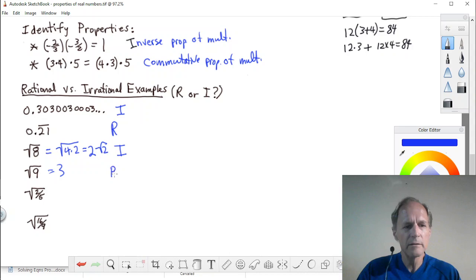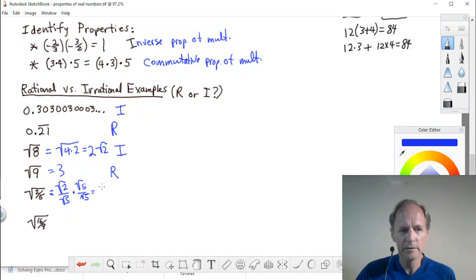How about the square root of 2/5? Okay, that's going to end up with a square root of 2 in it no matter what we do, right? We could rationalize the denominator. We could write square root of 2 over square root of 5, then multiply top and bottom by the square root of 5. The top becomes square root of 10, bottom becomes 5.